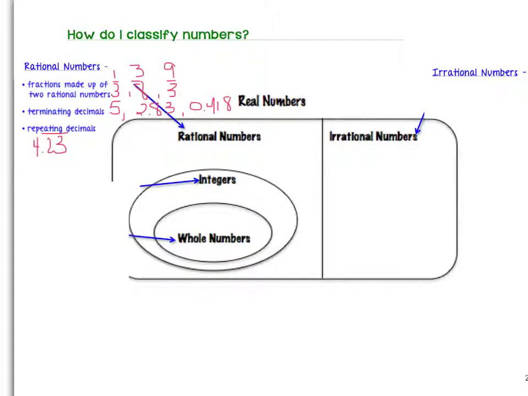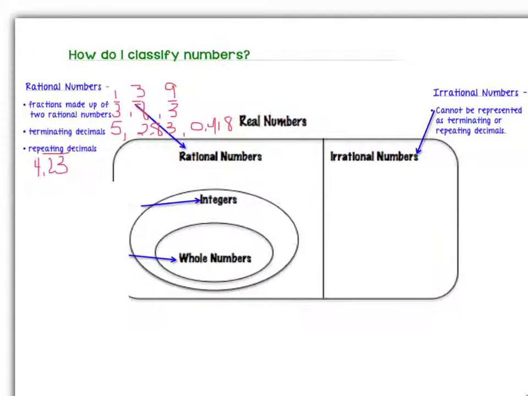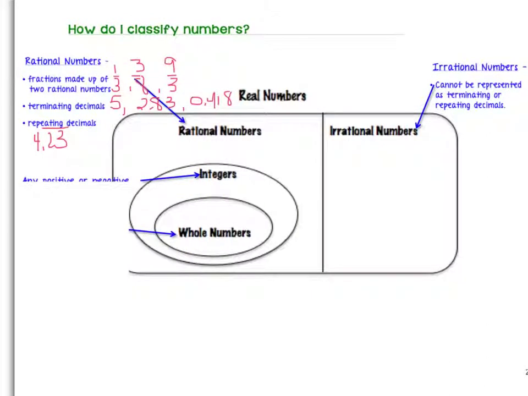All right, then let's just spend a minute talking about the irrational numbers. The irrational numbers cannot be represented as terminating or repeating decimals. So for example, if you remember from last year, pi was that irrational number that we talked a lot about. Pi is 3.14, and it'll keep going on and on without repeating itself.